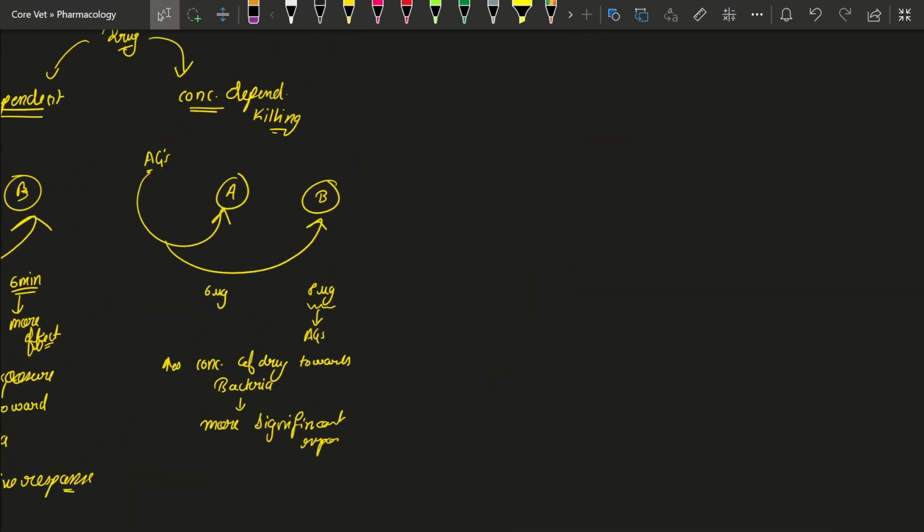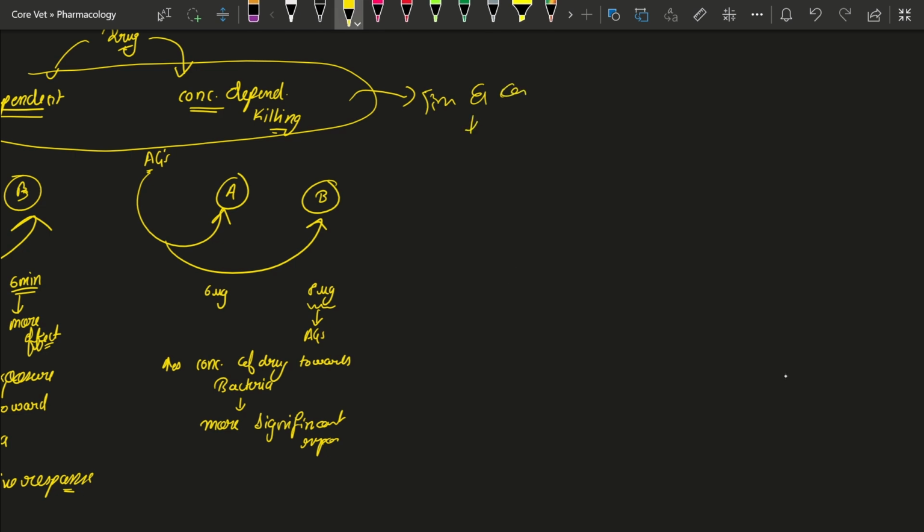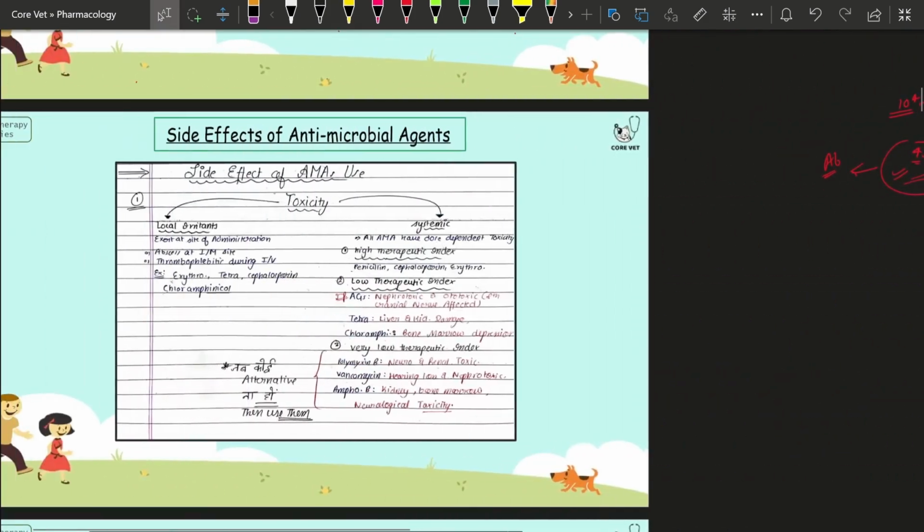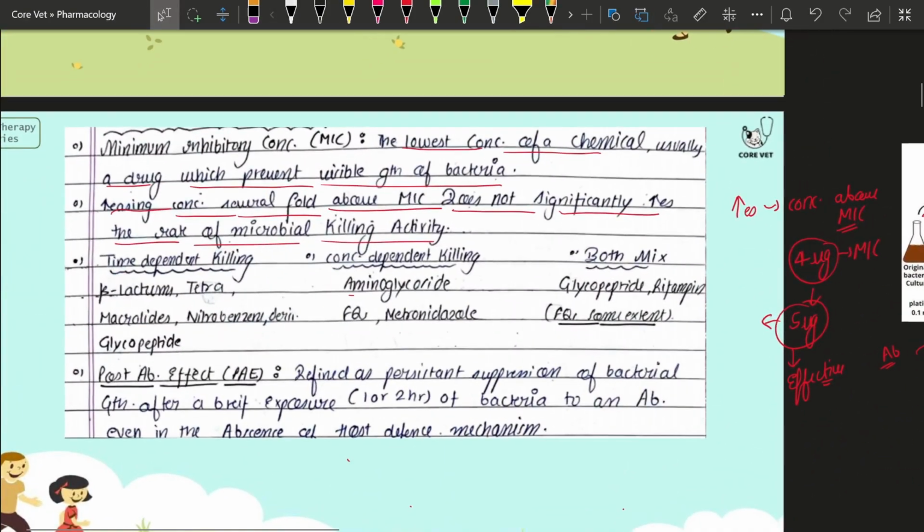Now there are certain drugs that show a combination of both properties, both time dependent and concentration dependent. Examples are the glycopeptides and rifampin. The drugs that show time dependent killing are beta-lactams, tetracyclines, macrolides, nitrobenzene derivatives, and glycopeptides.